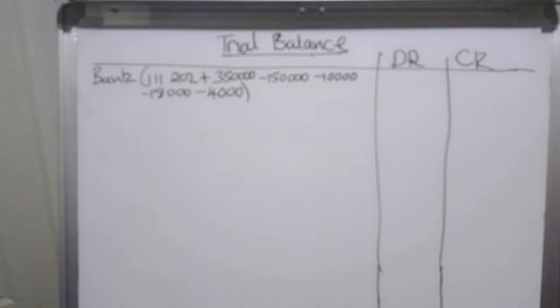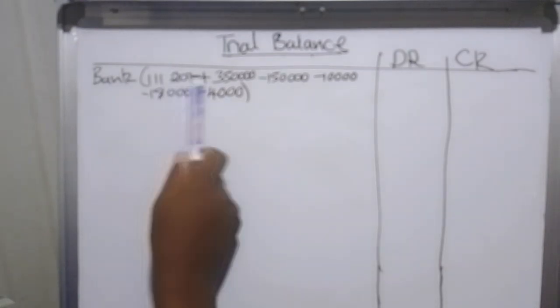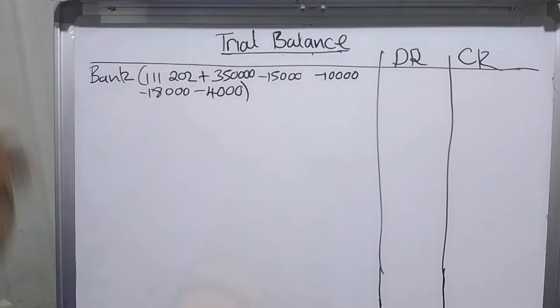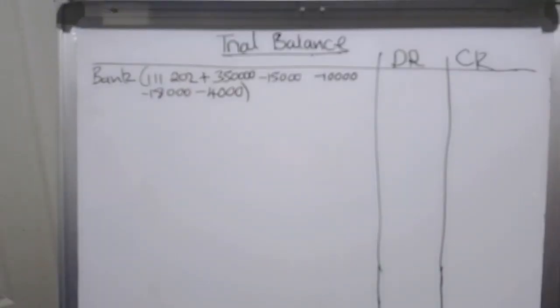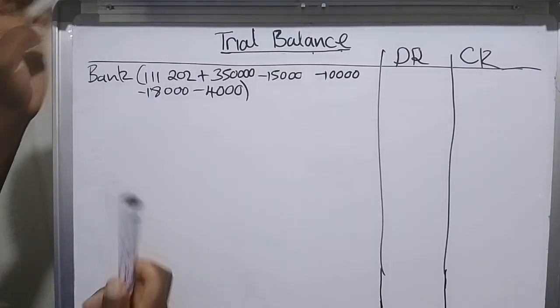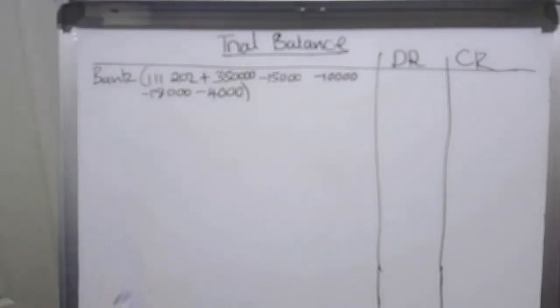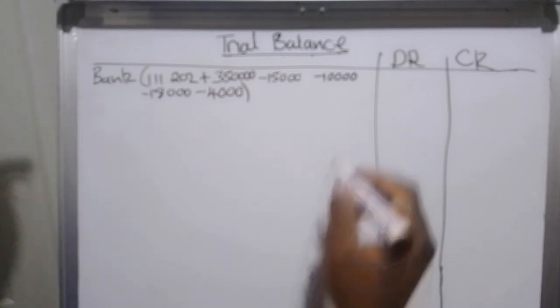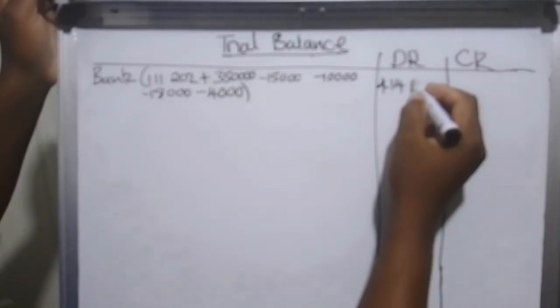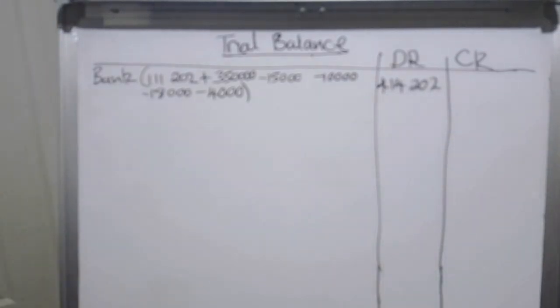If we take our calculator and add these and deduct these, 111,202 plus 350,000 minus 15,000 minus 10,000 minus 18,000 minus 4,000, we come up with $414,202, and that's for the bank account.